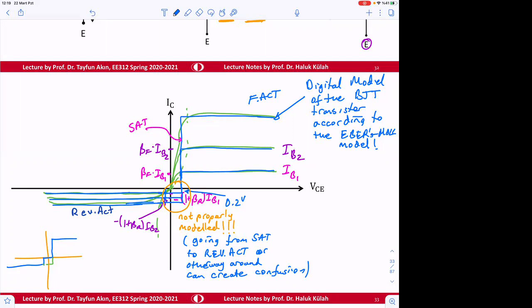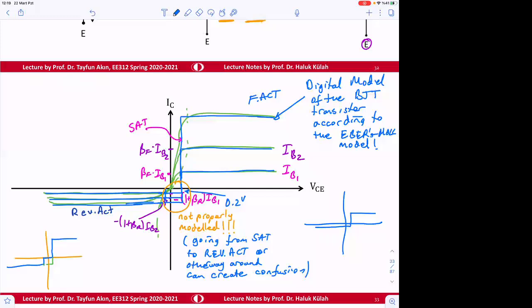I mean, this is due to the modeling that we did. So basically, we will assume that this is going to be the transistor model. Okay.